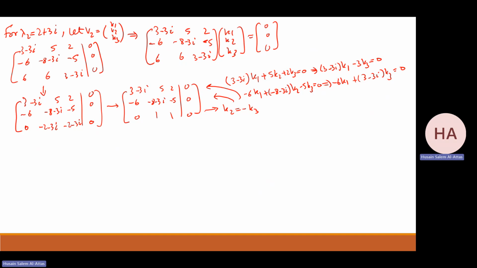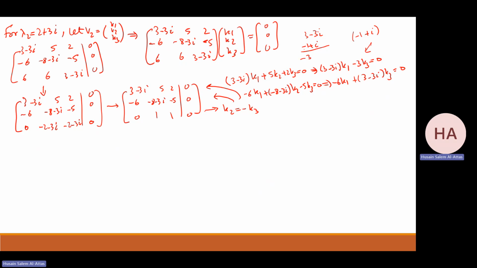Now multiply the first one. Let me multiply the second one by minus 1 plus i. Yeah, so that will be 3 minus 3i. Now 3 minus 3i with minus 1 plus i. That gives me what? Should give me minus 6. That will be minus 3, 3i plus 3i.